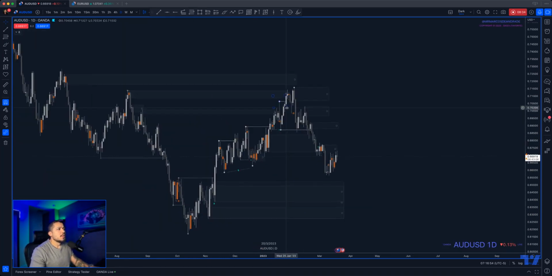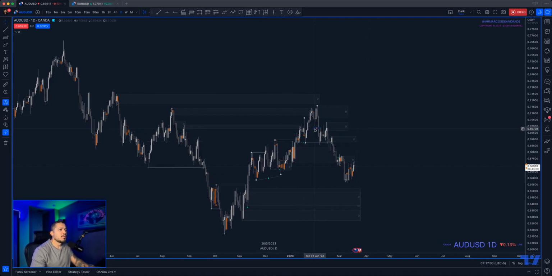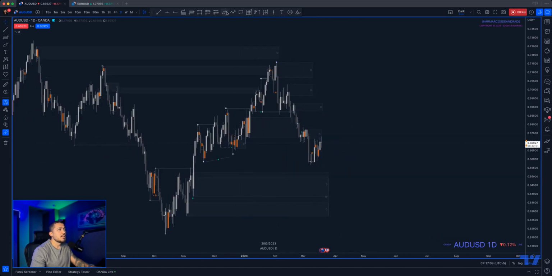Daily, so the daily on the Aussie dollar is a little cleaner than euro, because here we can clearly see that the swing is bearish and the internal is bearish. We haven't had a strong pullback yet to see that this is the swing low.